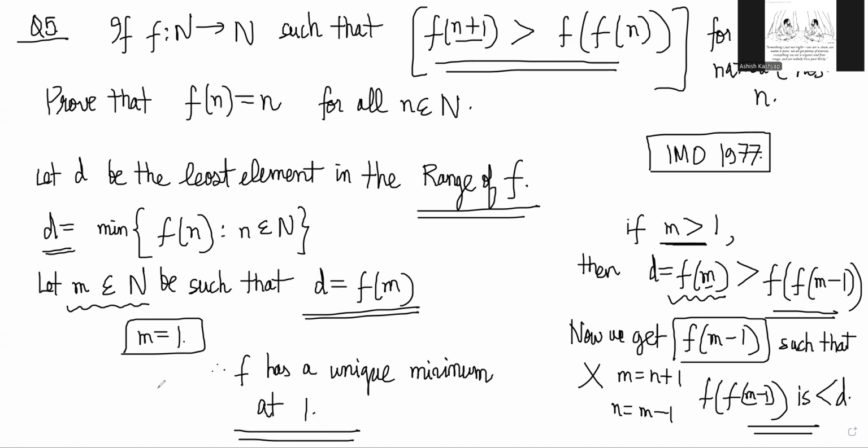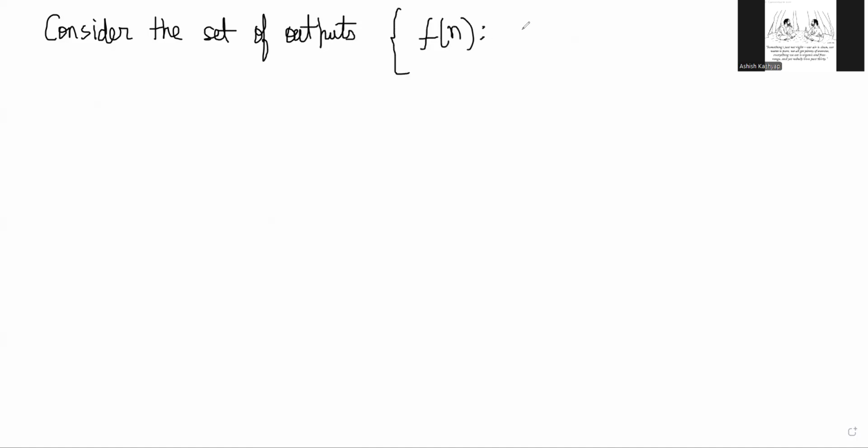Now let's see how this will be useful for us. Consider the set of outputs f of n such that n is greater than or equal to 2. So this is the set of outputs starting from 2: f of 2, f of 3, and so on.